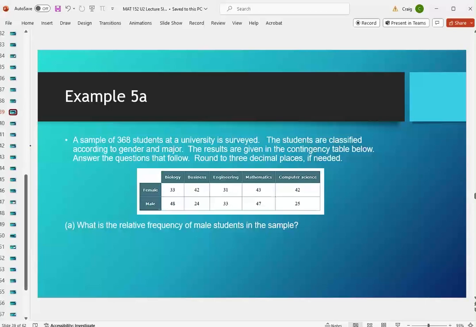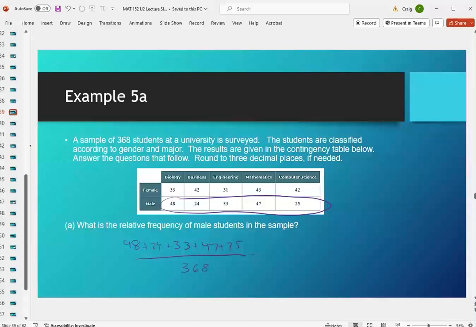What's the relative frequency of male students in the sample? Well, here's all the male students in the sample. We just need to add all of those up. 48 plus 24 plus 33 plus 47 plus 25 divided by 368.